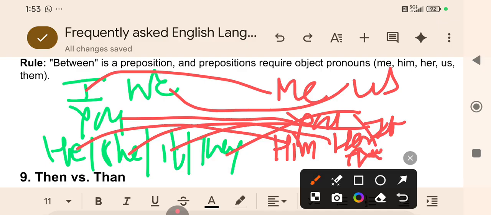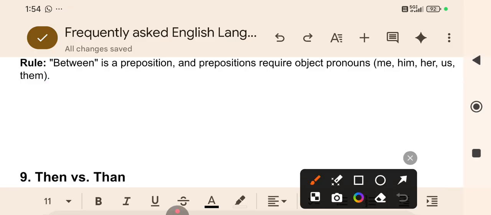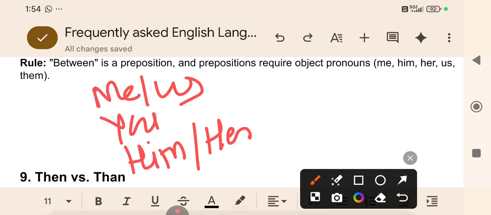So please take care of these objective pronouns. There are also seven because these are the reflection of the subjective pronouns. So what are the objective pronouns? Me, us, you, him, her, it, which is common, and them.